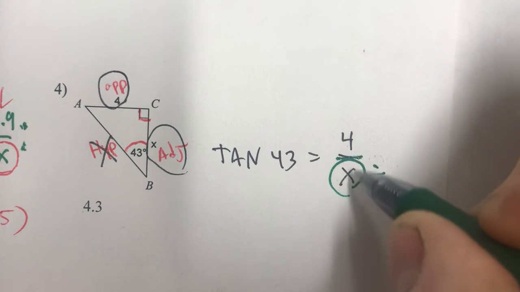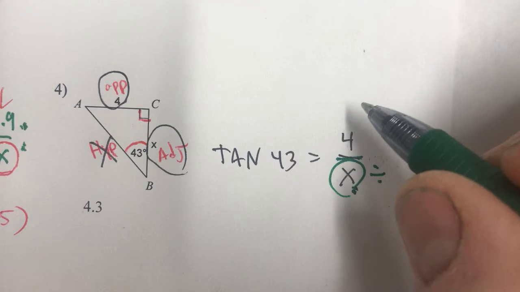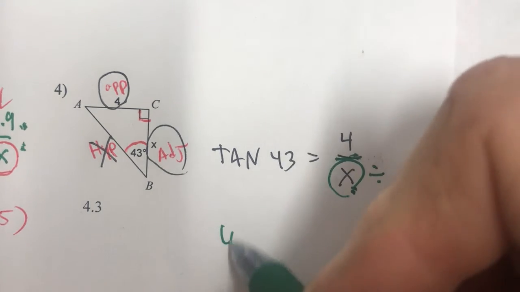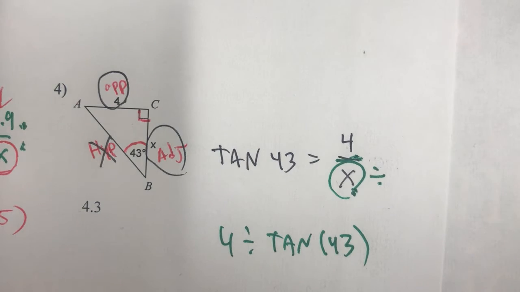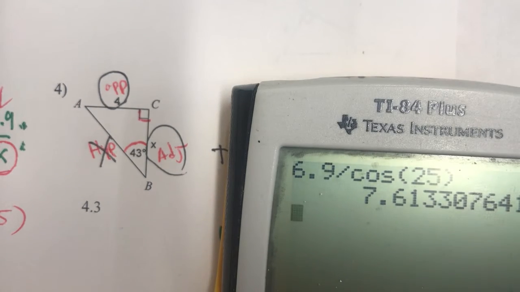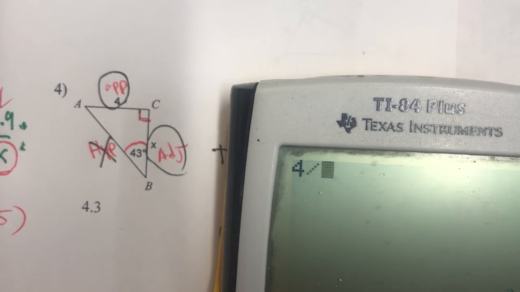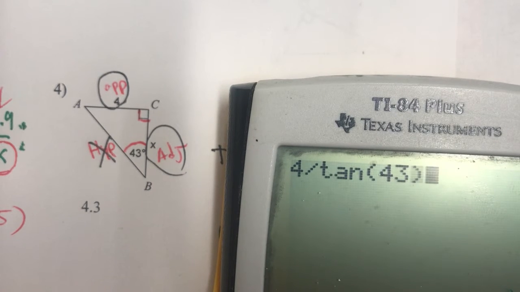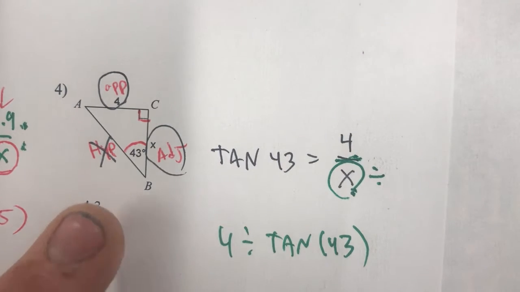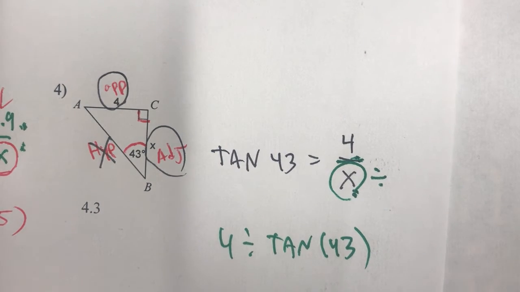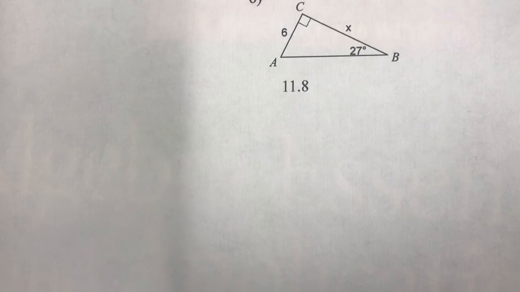So I'm going to do 4 divided by tan 43, and that's 4.3. The 8 makes the 2 go up to 3. 4.3. There you go.